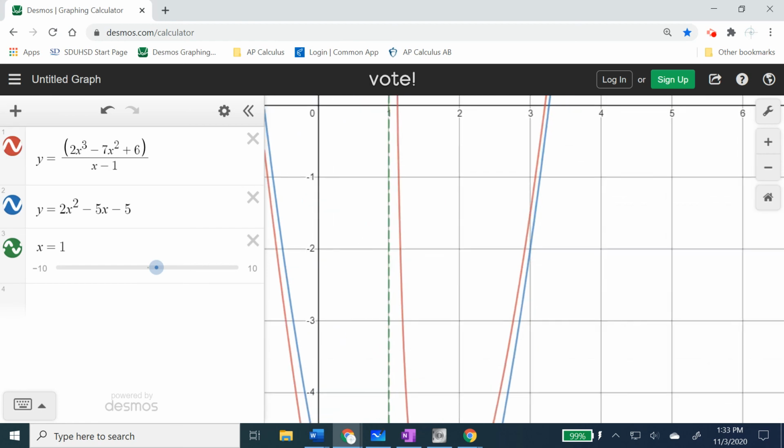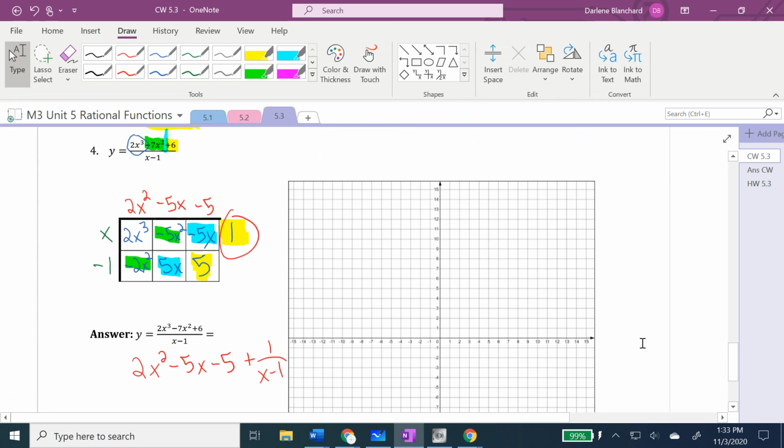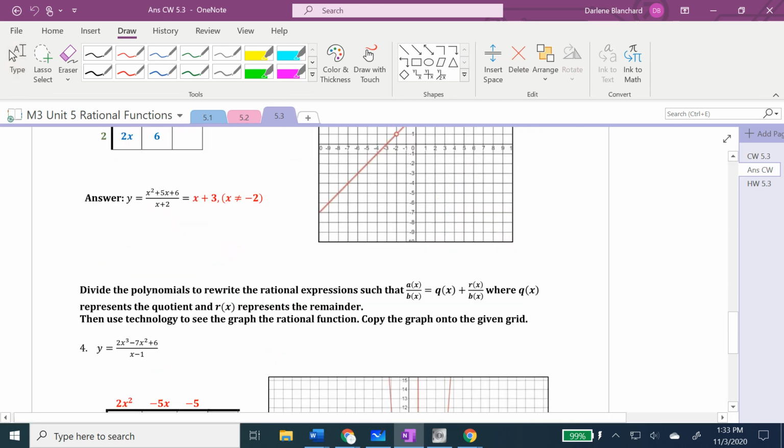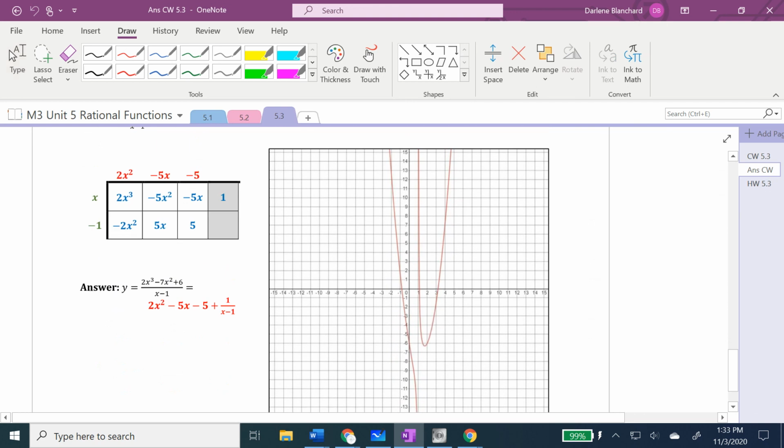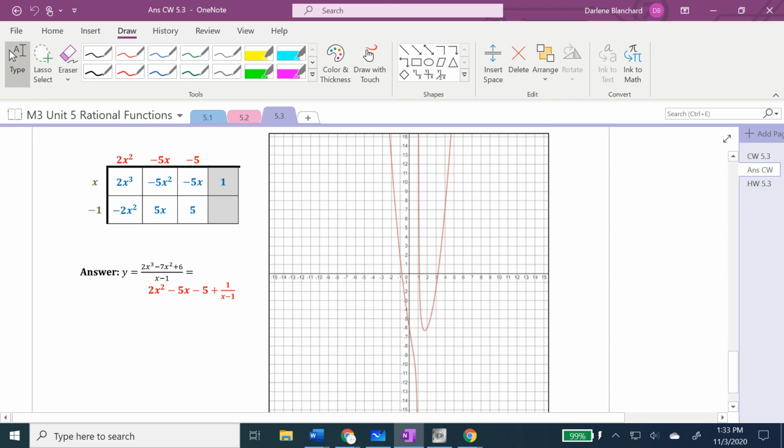So again, you are not going to have to graph these on your own. All I want you to do in your classwork is sketch a little bit of what you just saw, and the answer should look somewhat like, there's a screenshot of the graph.